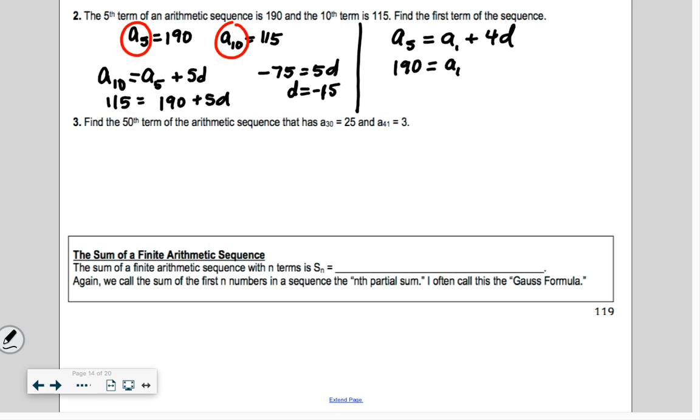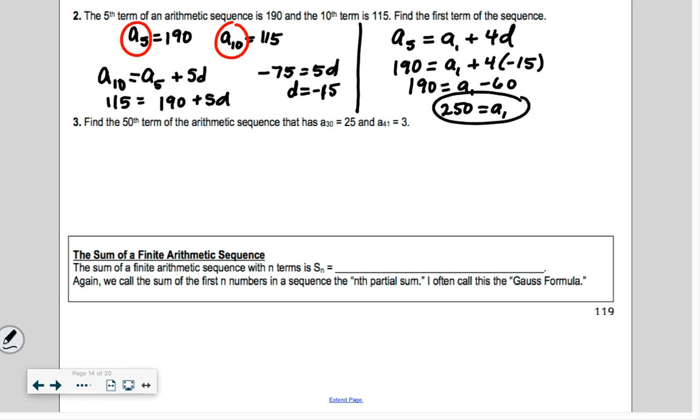The 1st term is what we're trying to find. We know our common difference is -15. So I get 190 is equal to A1 minus 60. I add the 60 over. So I get A1. Make sense? All right, try the next one.